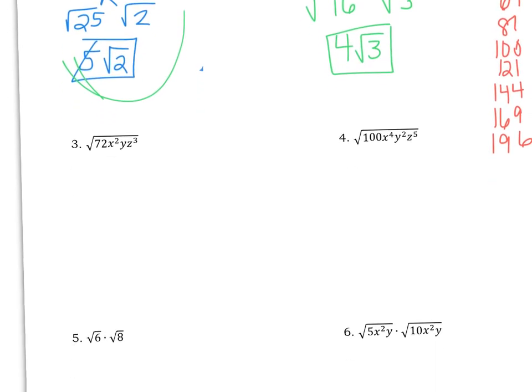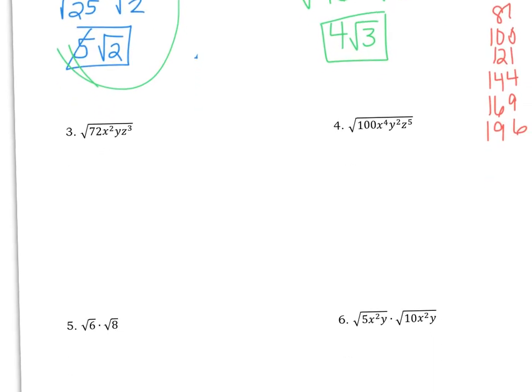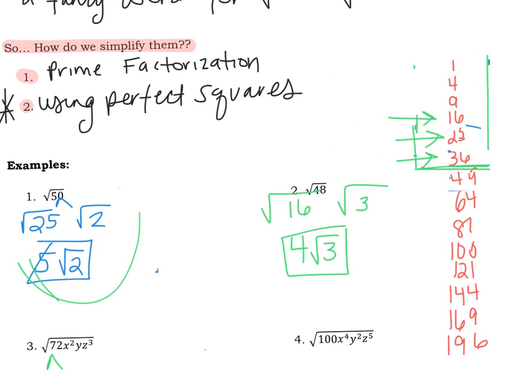So let's go ahead and talk about number 3 when I have variables. So I'm going to do this the exact same way, but I'm going to first only focus on 72. I'm going to find the biggest perfect square that goes into 72. So if I come back up here to my perfect squares, 72 is somewhere between 64 and 81, so that's everybody up here.